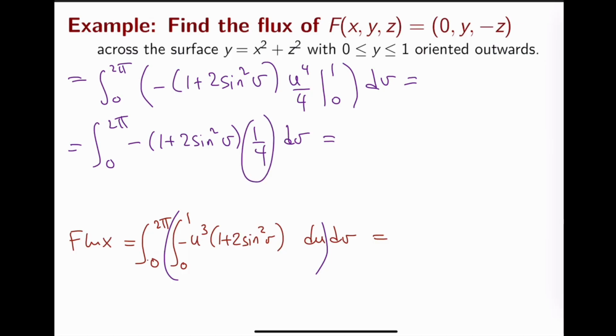Taking the minus 1/4 out of the integral, we are going to integrate just this part. And so this is going to be minus 1/4, and the integral of 1 with respect to v is just v, plus 2 times the integral of sine squared, which is v minus sine cosine over 2.